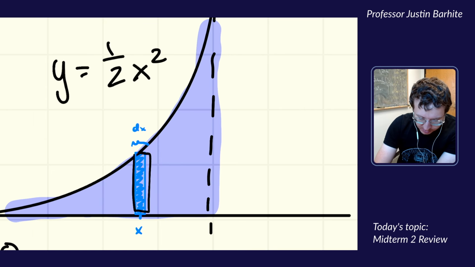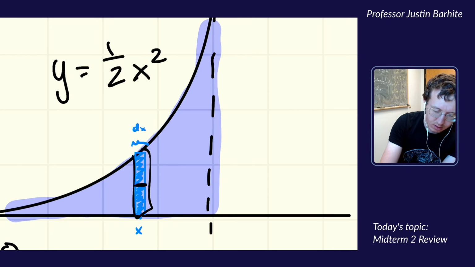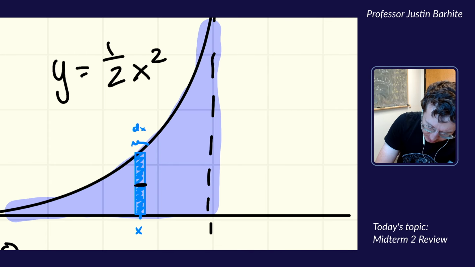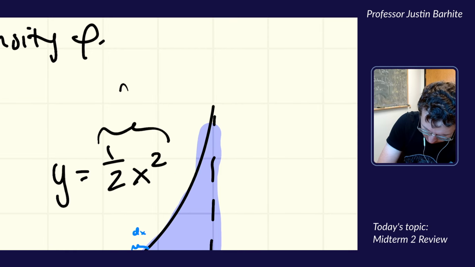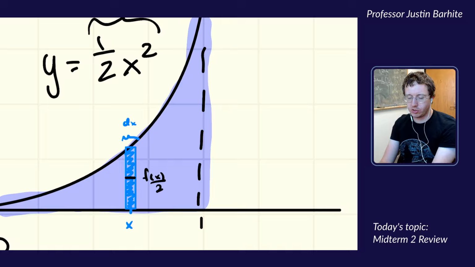But this is just a rectangle. The average y-coordinate of this little rectangle is just right in the middle. So if I call this function f of x, the average y-coordinate for that rectangle is f of x over 2.